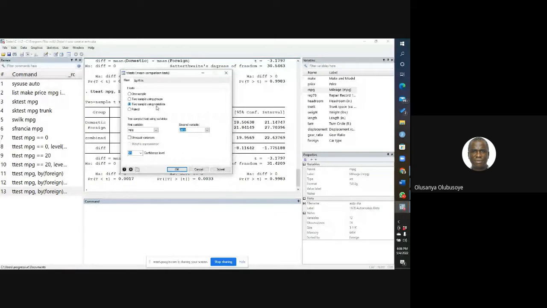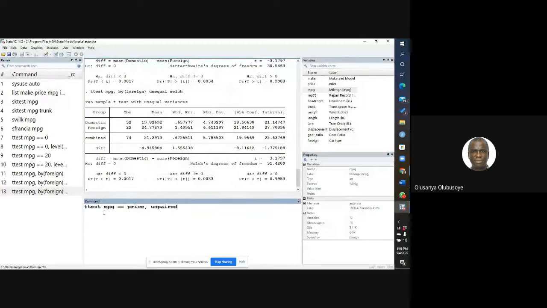So for the two sample, let's say I use MPG and price. I can simply copy and paste it. So this is how it is.